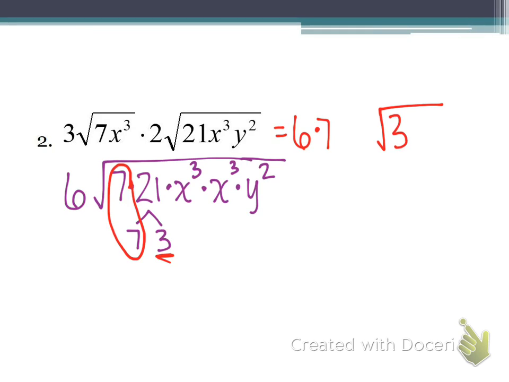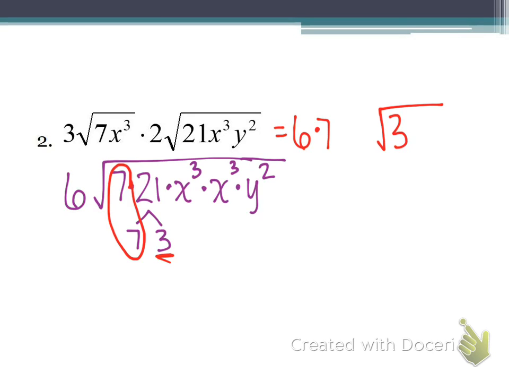Now, the part Jacob's been looking forward to, we're ready to talk about the x's. If we were to combine these, how many x's do we have all together? 6 x's, and we're looking for groups of 2. How many groups of 2 do we have? 3 groups of 2.